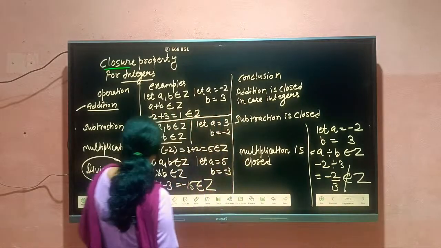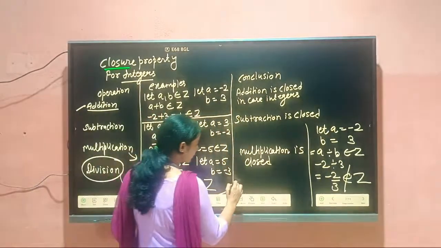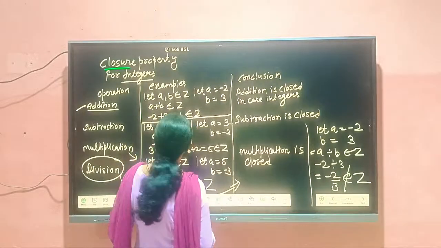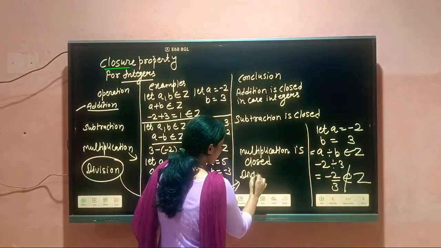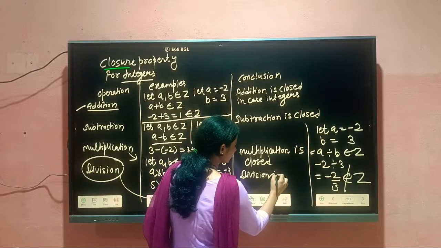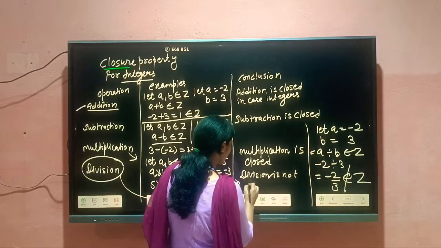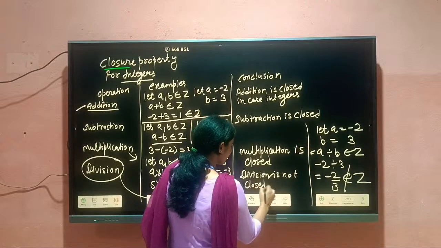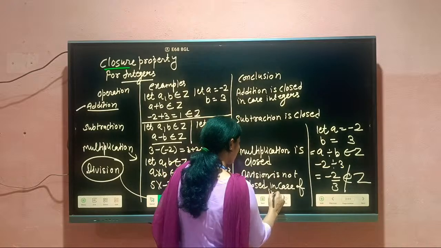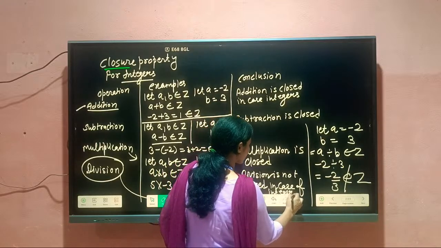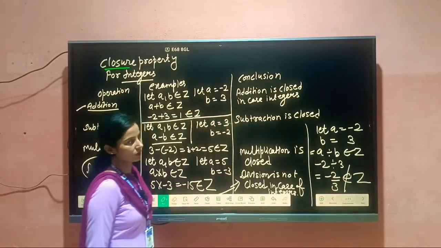So we can say that under the operation division, integers are not closed. Division is not closed in case of integers.